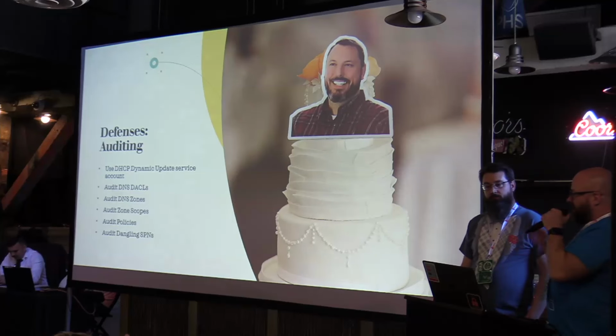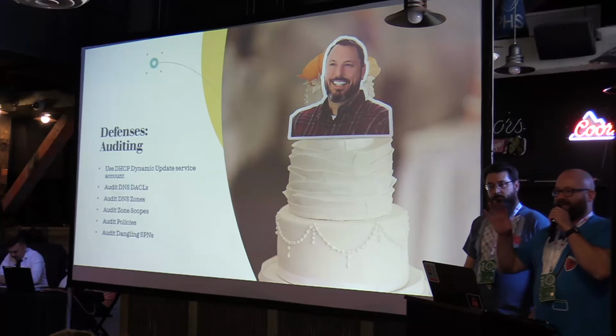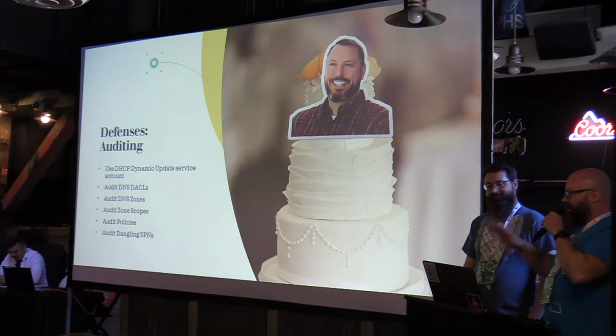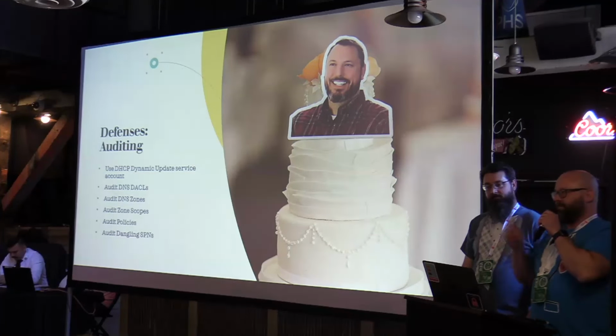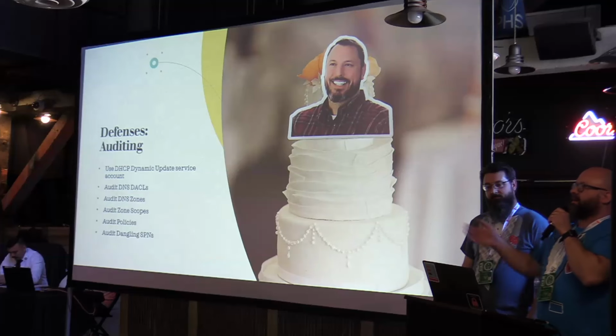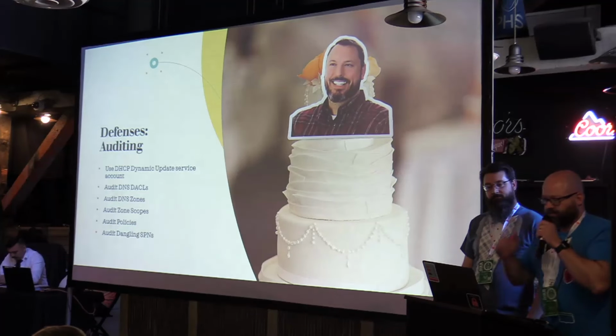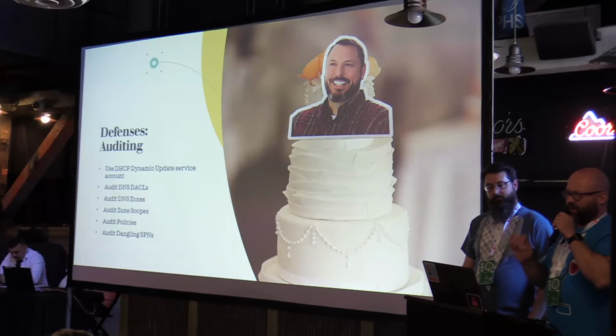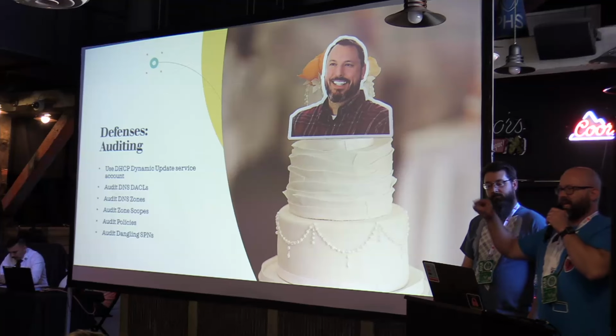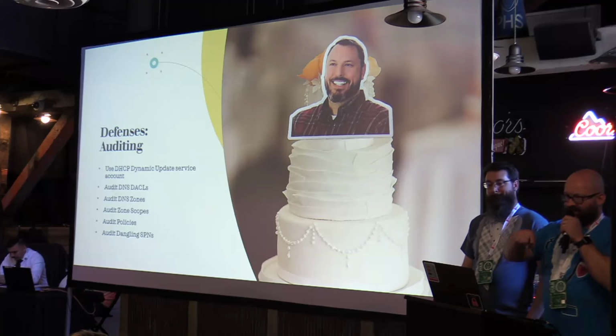One thing that Jim touched on was in DHCP. When a computer requests an address, it then updates DNS dynamically, and they own that record. Windows DHCP servers can actually allow you to set up a service account that performs that dynamic update on the computer's behalf.